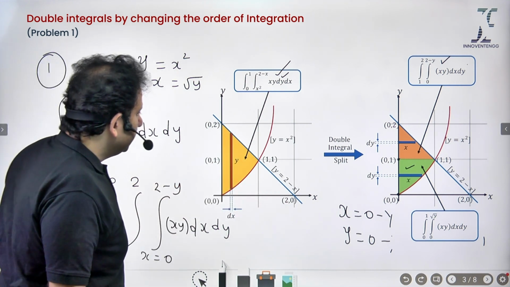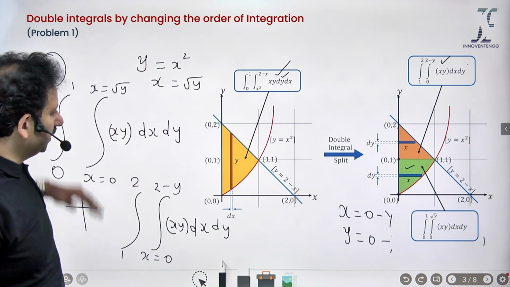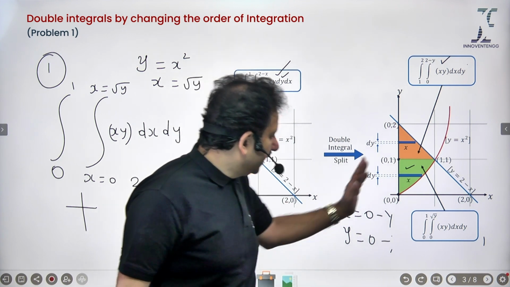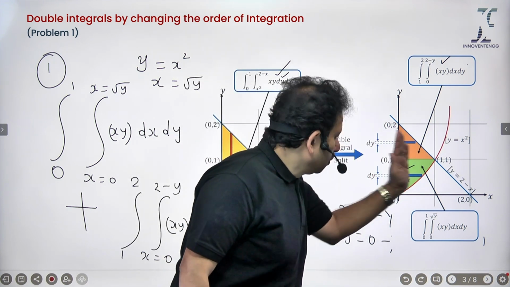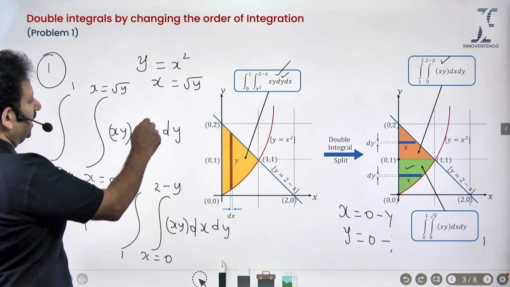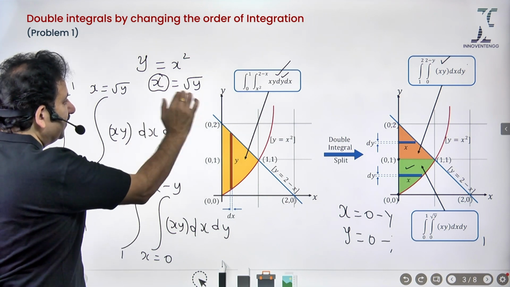And what about the lower triangle with curved edge? The same principle: 0 to 1, because 0 to 1 are the y limits, and for x you are traveling from y-axis to the parabola. But here you will have to note carefully, you will have to express everything in terms of x, because I need the limits of x.